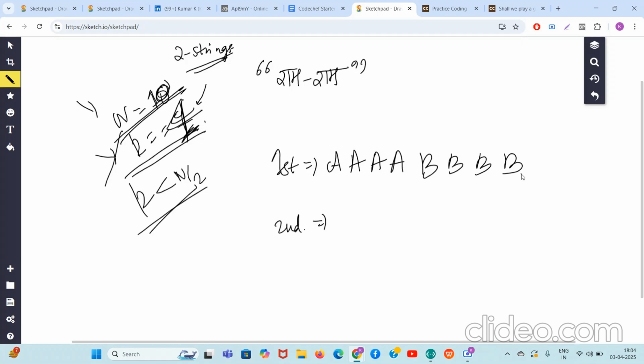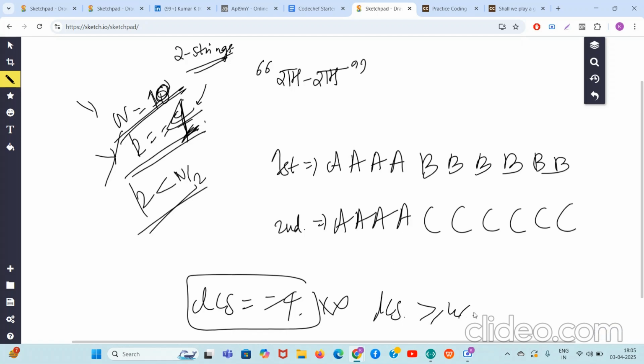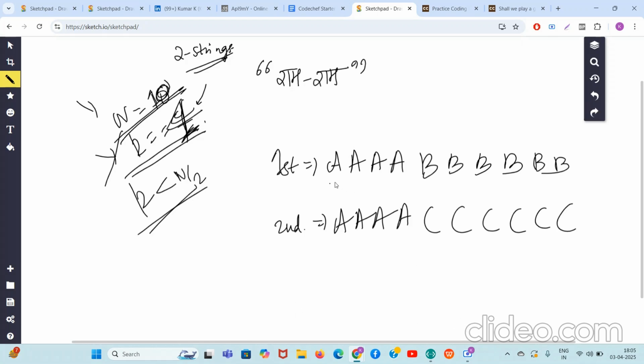1, 2, 3, 4, 5, 6. Then here, C. You want the LCS to be 4, which is not possible. LCS of the strings will always be greater than or equal to N by 2. You can see here the 4 are matching. Now you will use the trick of alternating.